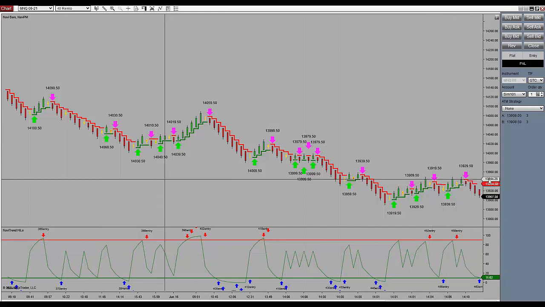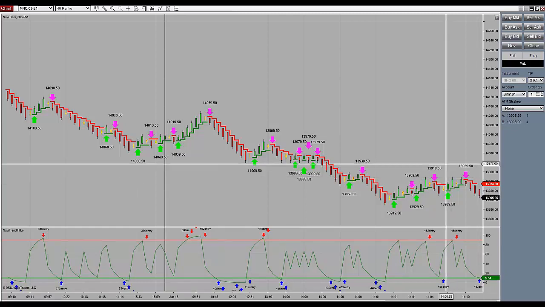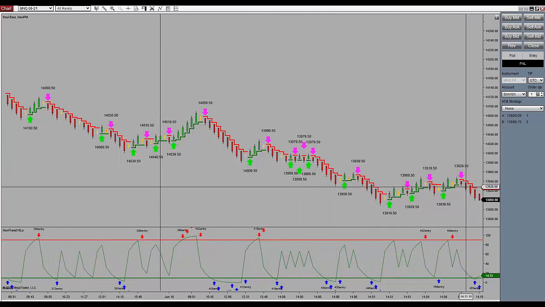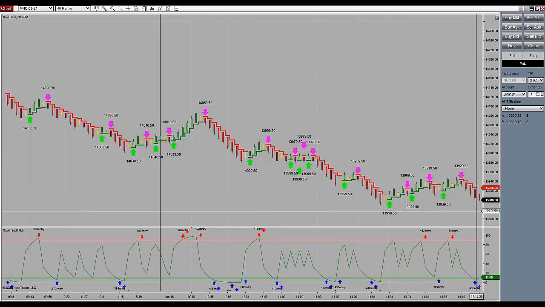All right, so the Nasdaq right now dropping below 14,000. All right, so Nasdaq continuing down.